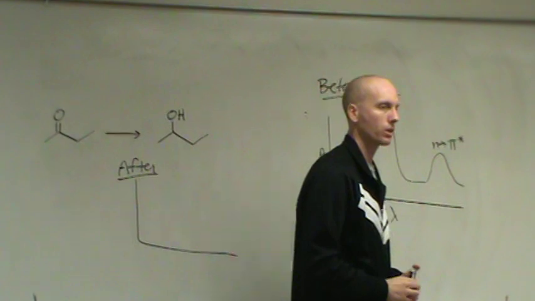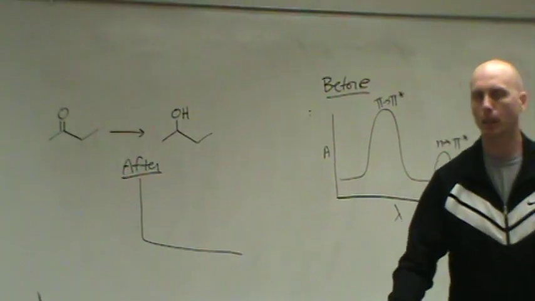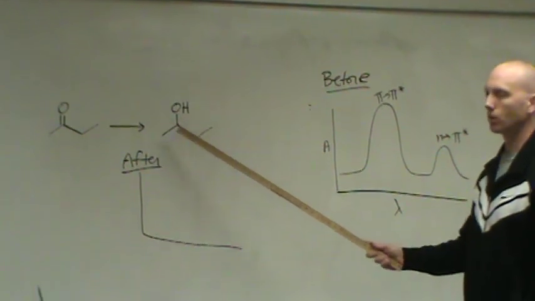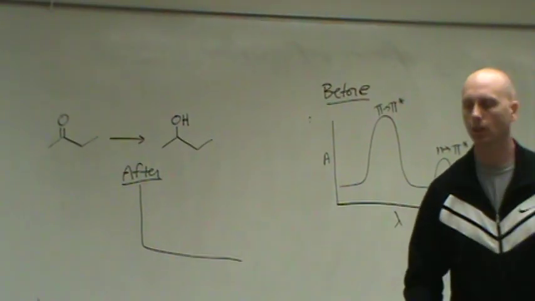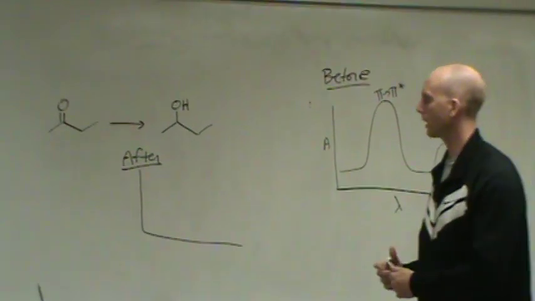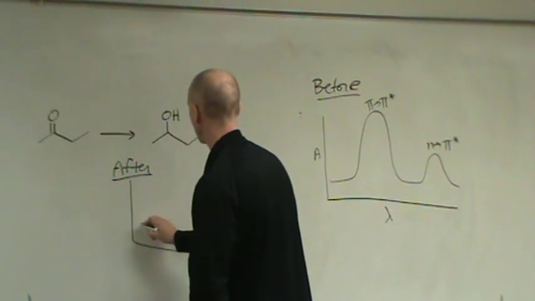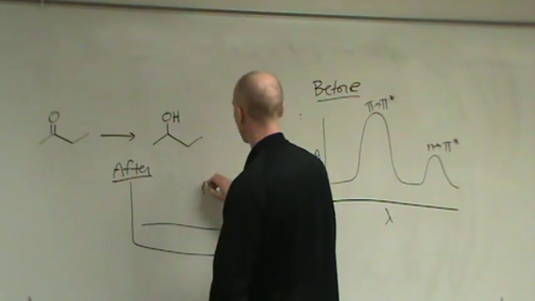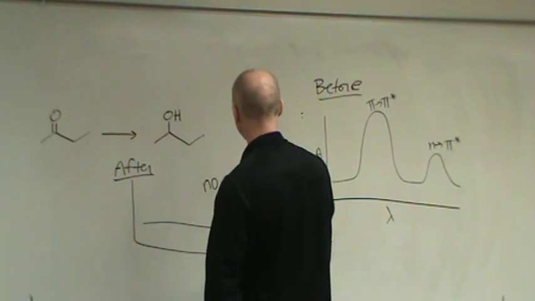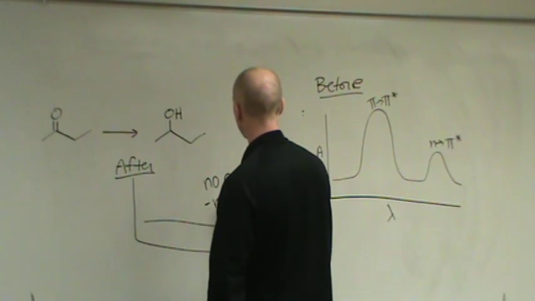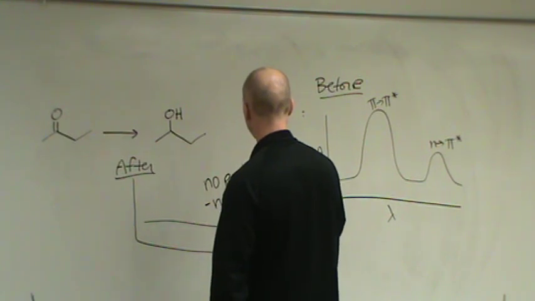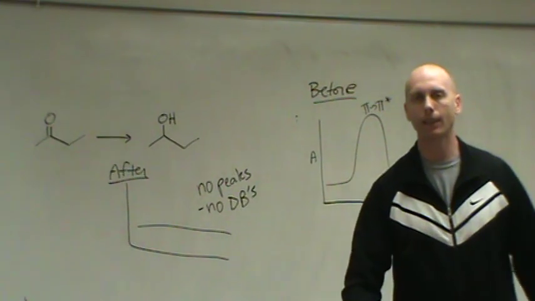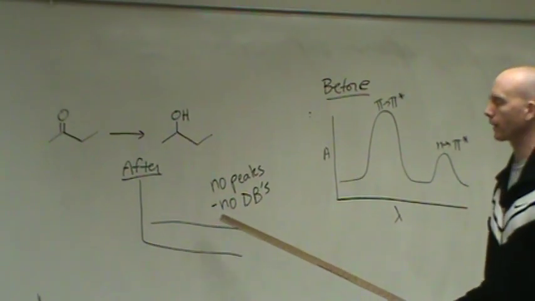Well, does the molecule have any double bonds after the reaction? No, there's no double bonds, are there? So what would you see in UV here? You just see a flat line, okay? So both the pi to pi star and the n to pi star would disappear.